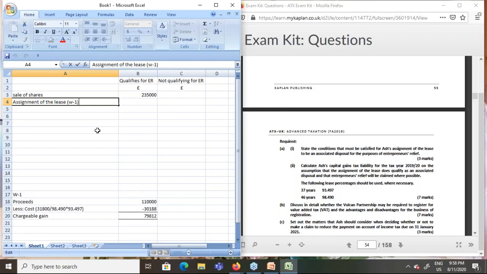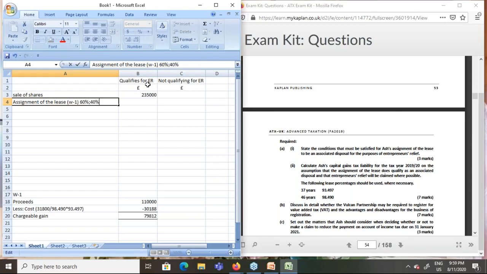The reason is you charge a rent of 40%. Therefore, from this chargeable gain, 40% does not qualify for ER. Only the balance 60% will qualify for ER, simply because you charge a rent equivalent to 40% of the market value. So you have to split this chargeable gain 60% to 40%.